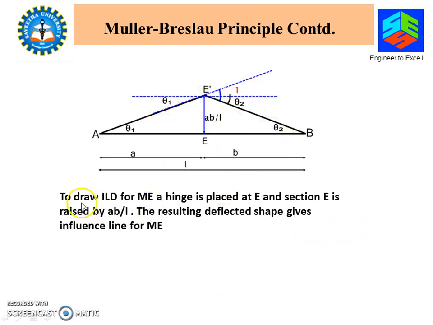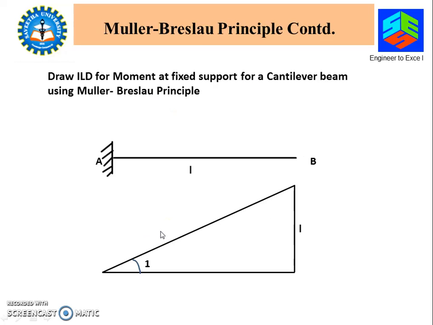So to draw the ILD for bending moment at E, a fictitious hinge is placed at E and section E is raised by AB by L. The resultant deflected shape gives the influence line diagram for ME, the moment at E. So let us do 2-3 problems on this so that you will get a good hold on this.